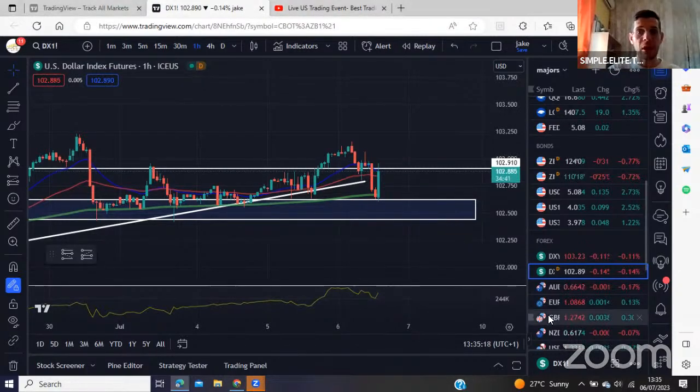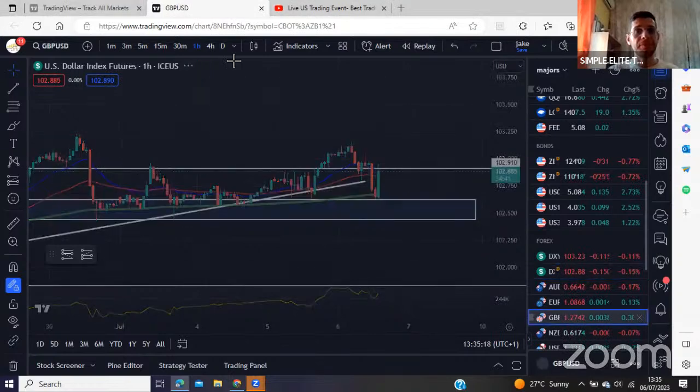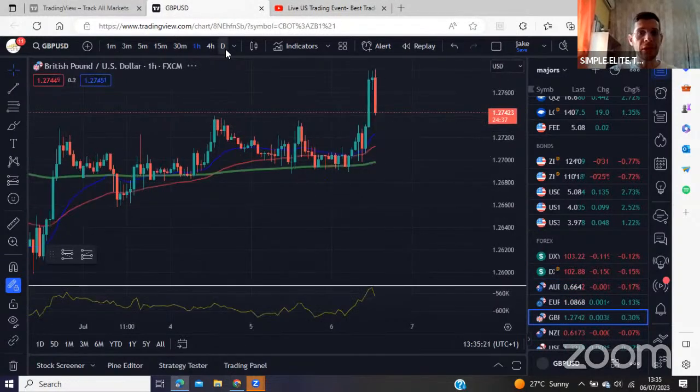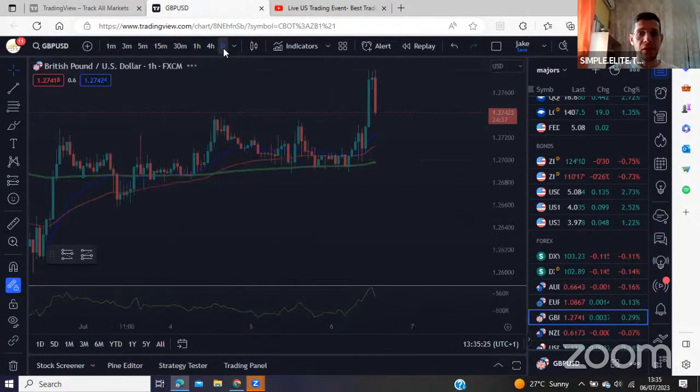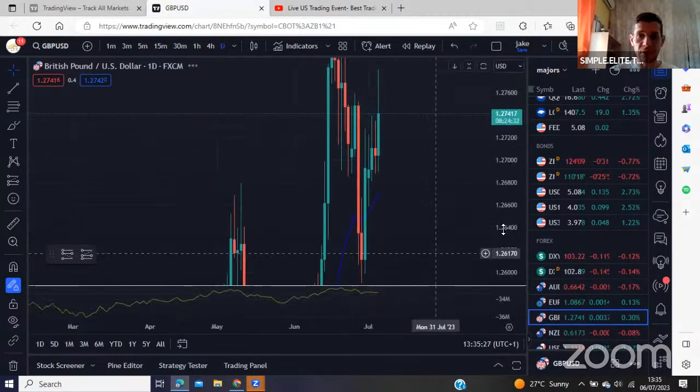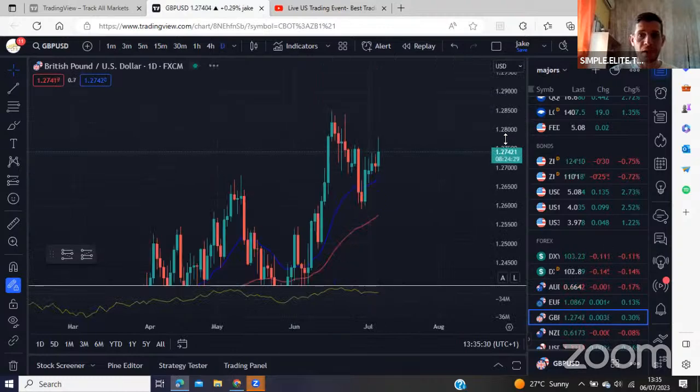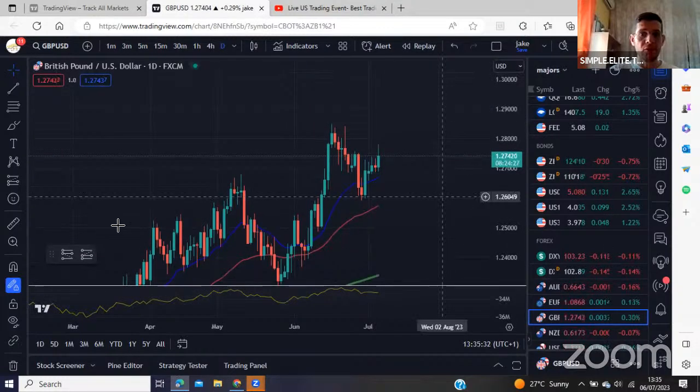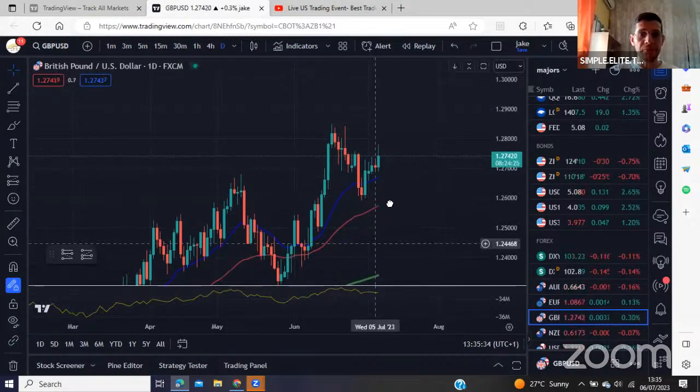So I said pound dollar because the pound is still in an uptrend. And actually this morning there was a nice breakout, but I didn't catch it because I was on the plane. So let's see.